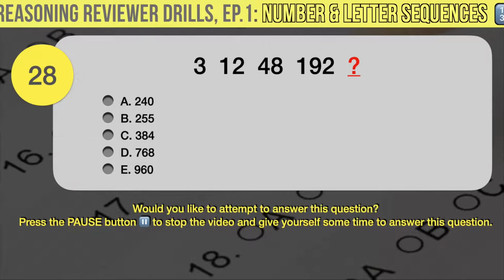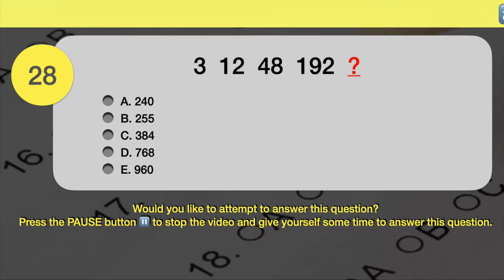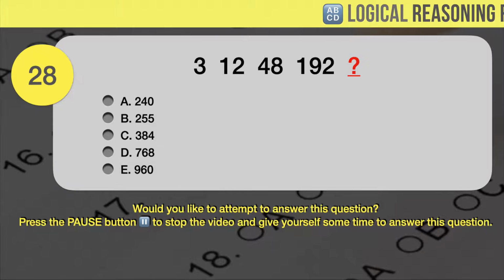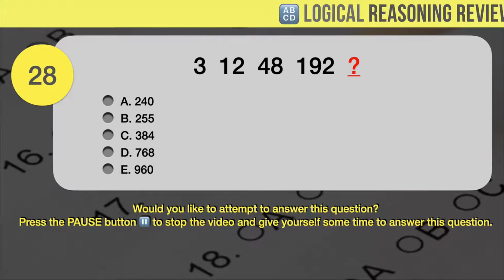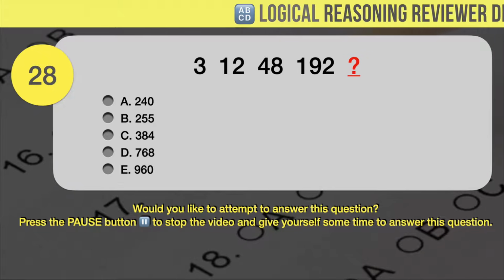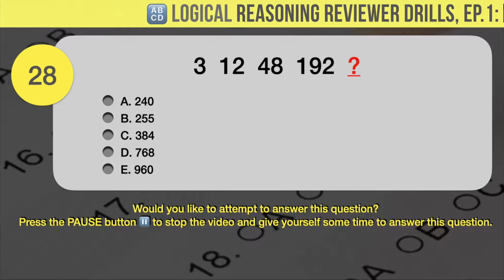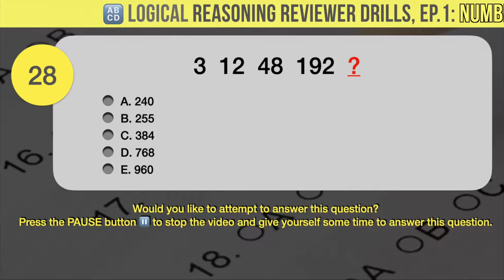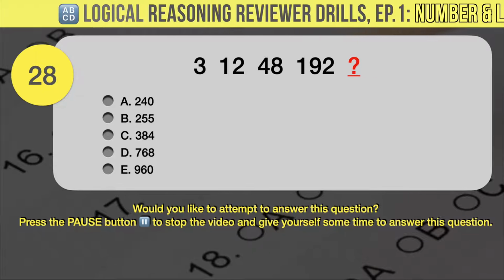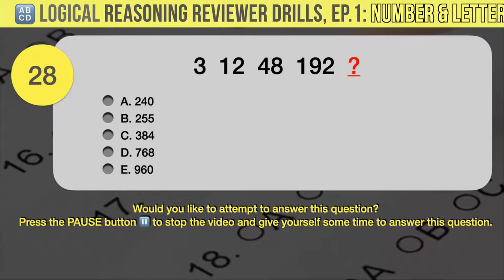Drill question number 28. Which number comes next in the following sequence? 3, 12, 48, 192. Your answer choices are A. 240, B. 255, C. 384, D. 768, E. 960.